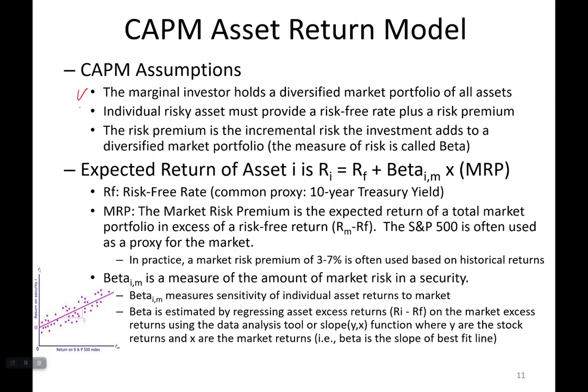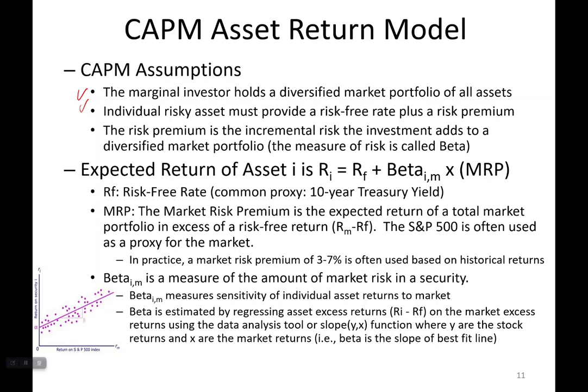Another assumption of the model is an individual risky asset like Capital One stock must provide at least a risk-free rate of return plus a risk premium. So this is kind of a no-brainer. If I'm going to buy an asset that has an uncertain return, by definition a risky return, the alternative is to buy a treasury that could give me a near certain rate of return.